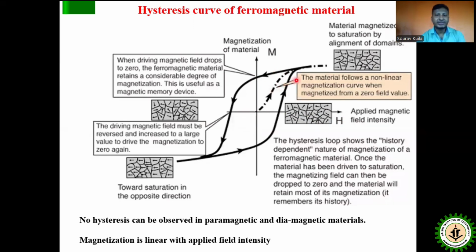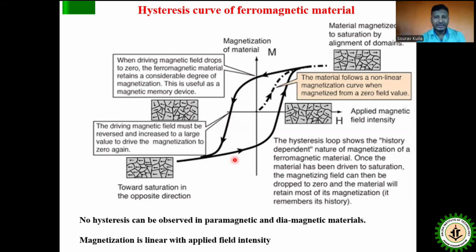Due to this hysteresis, you can see a very good loop. This kind of loop is called a hysteresis loop. In the case of paramagnetic and diamagnetic material, there will be no hysteresis loop. That means in those cases, magnetization follows the applied magnetic field. It will look linear.